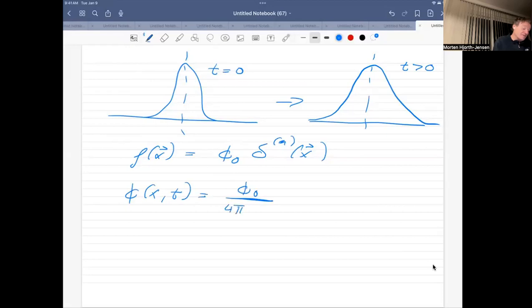I will have almost the same factors in front, of 4 pi dt to the n half, and then this is multiplied with a delta function.